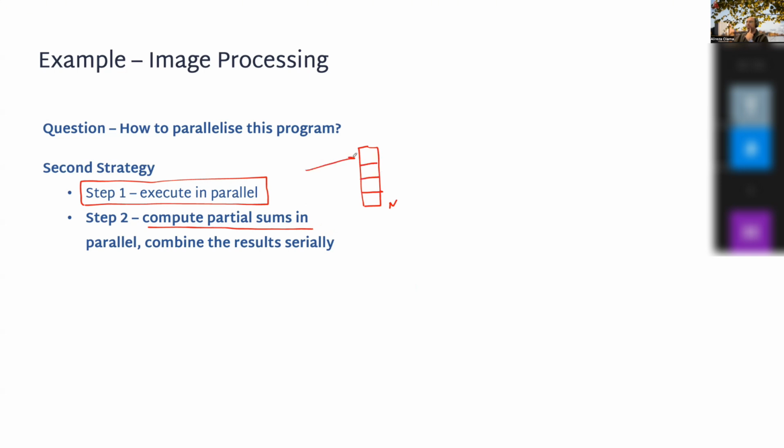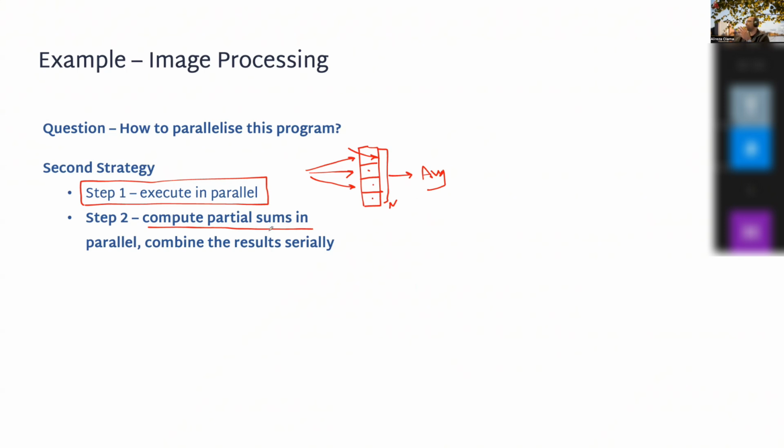We compute the partial sums. Each thread computes a partial sum, a partial part of the average, and writes it into the corresponding element here, right? And then we sum them up to get the final result, to compute the average.